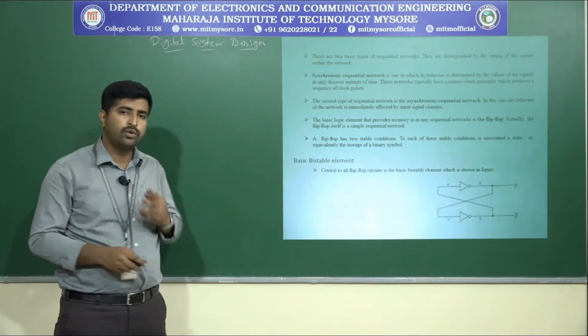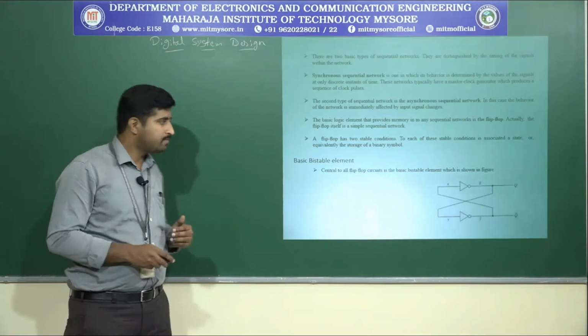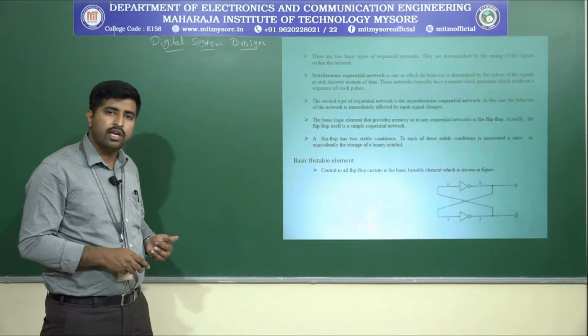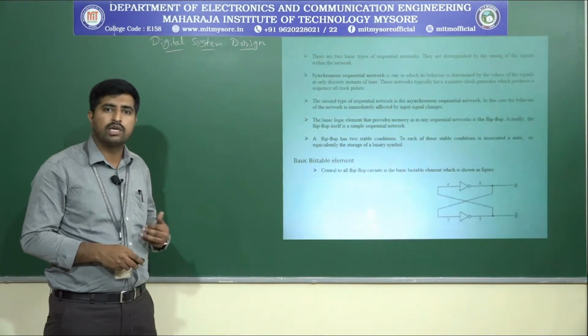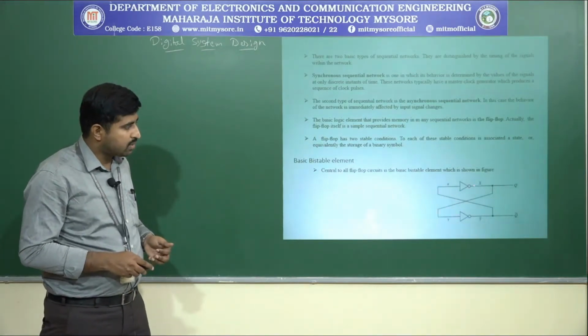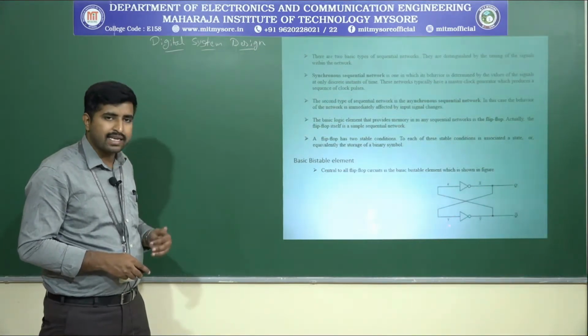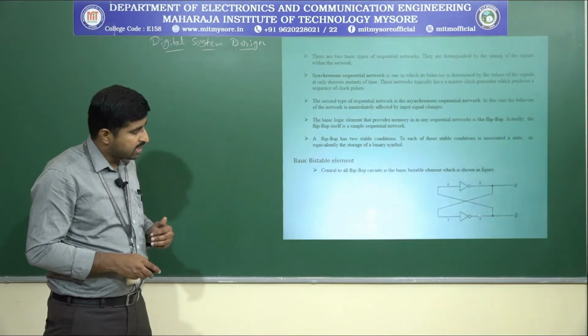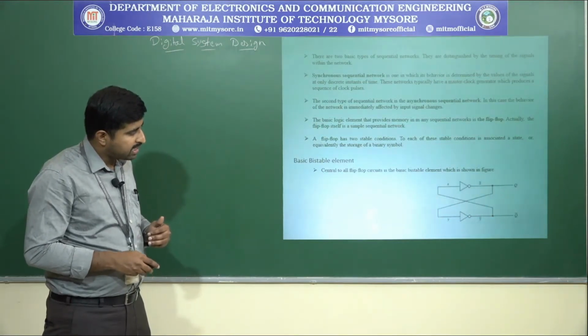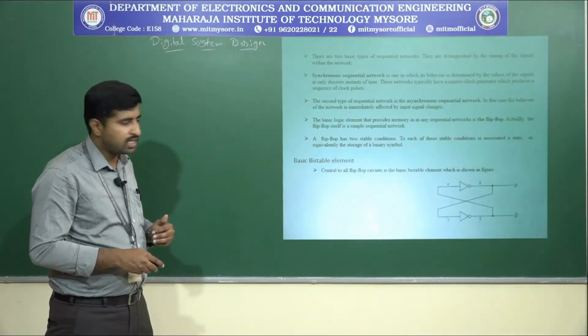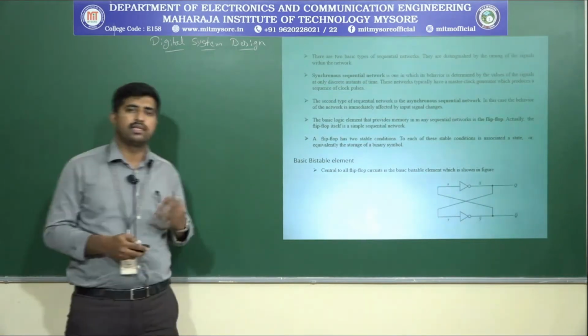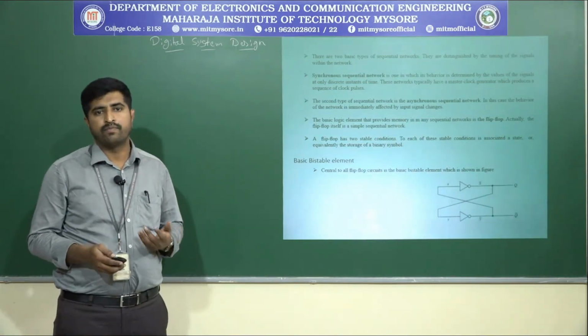So we have 2 outputs, Q and Q bar, from NOT gates which are cross coupled. Cross coupled means the output of the first NOT gate is connected as the input to the second, and similarly the output of the second NOT gate is connected as the input to the first NOT gate. That's why we call it cross coupled. This is a bistable element.